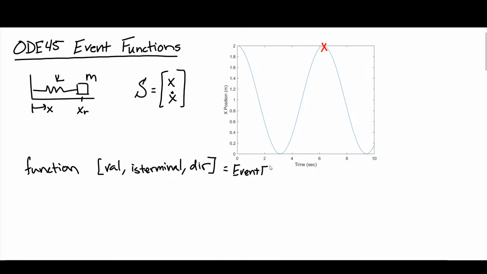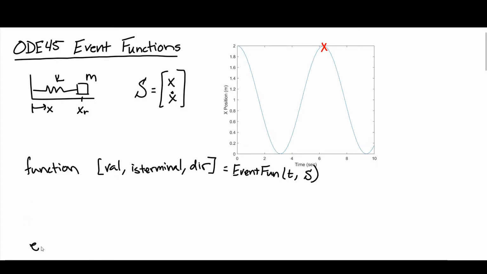And the inputs to your event function are time and your state variable vector. You can also pass in parameters using the same technique that we described in our last video, but for now, I'm just going to leave it as time and our state vector.